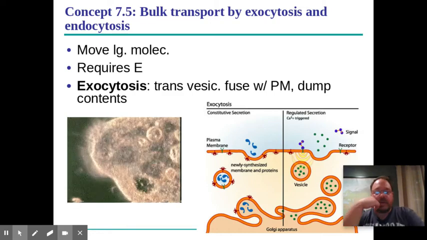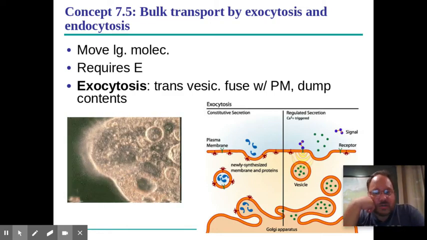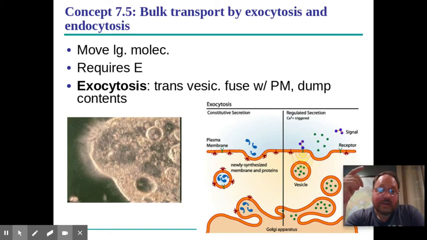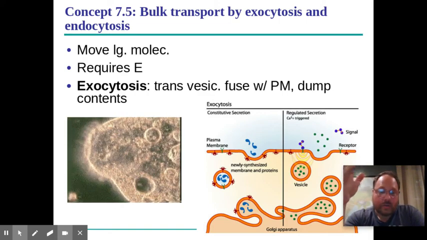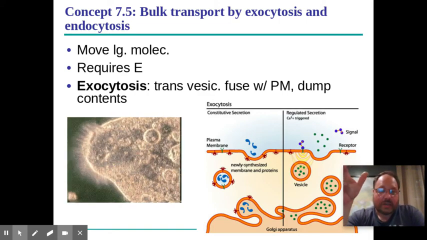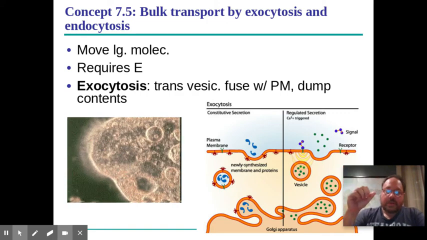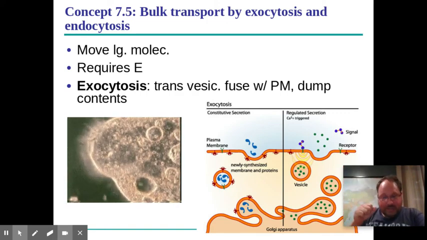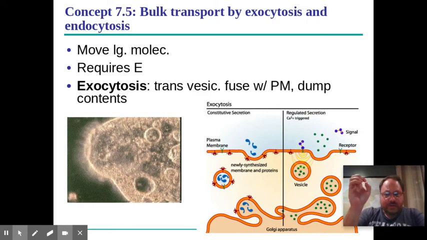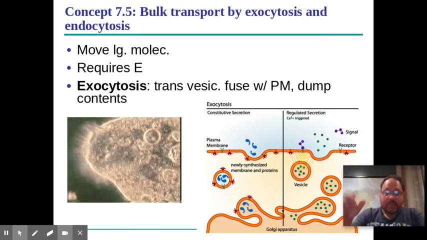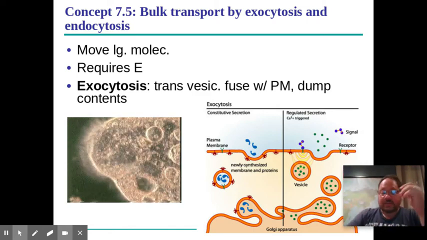So let's first look at the idea of exocytosis. Exo means outside of, cyto is cell, osis means condition of. So exocytosis is where materials produced inside of the cell have membranes fuse with the plasma membrane and dump the contents outside of the cell.